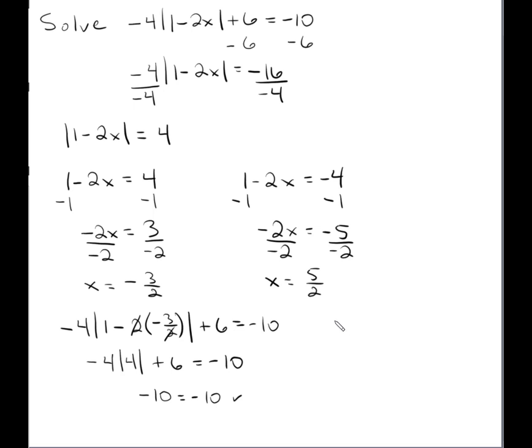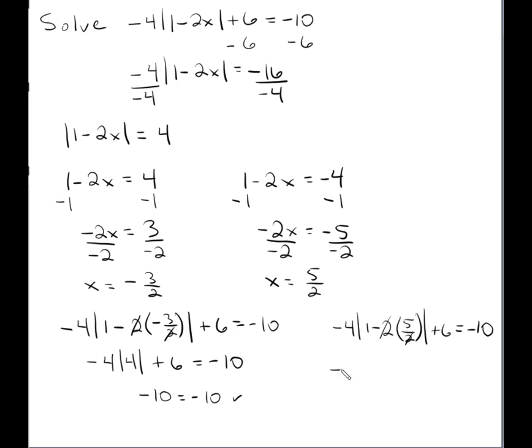Okay, we'll check the other one over here, plugging in 5 halves into the original absolute value equation. Minus 4 times 1 minus 2 times 5 halves, plus 6. We want to make sure that that's also equal to minus 10. So similar, the 2's can cancel right here, and we're left with 1 minus 5.